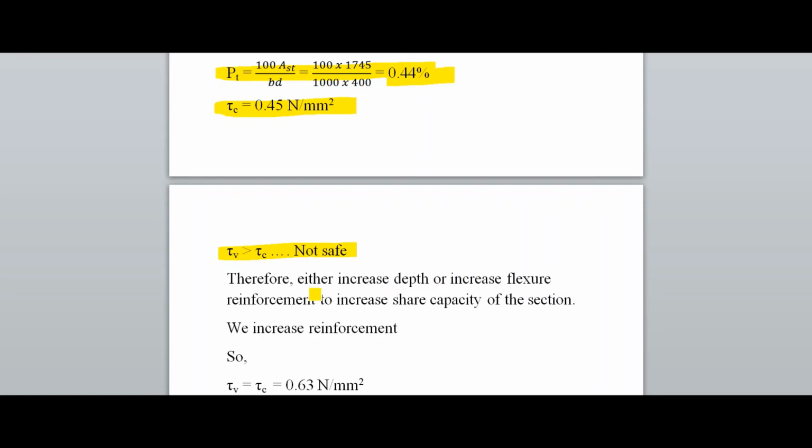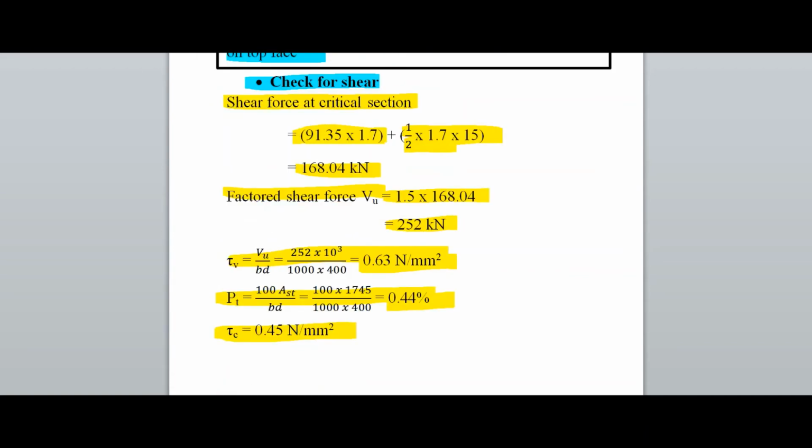So what do we have to do? We have to either increase the depth or increase the flexure reinforcement to increase the shear capacity of the section. Imagine our toe slab has failed in shear.